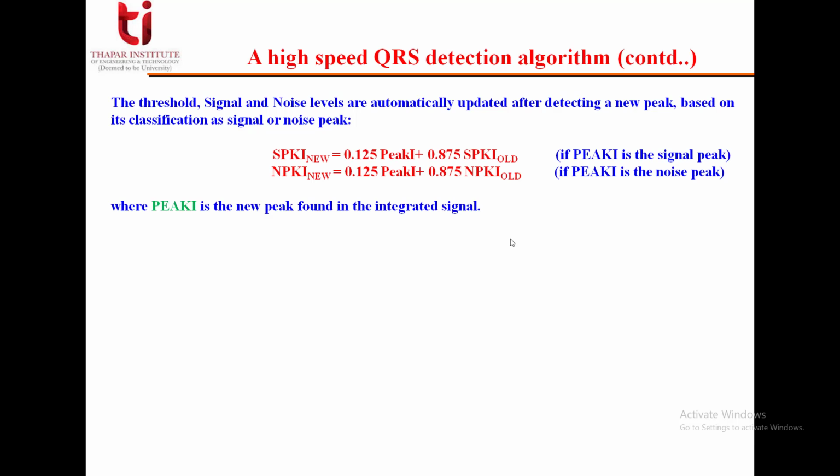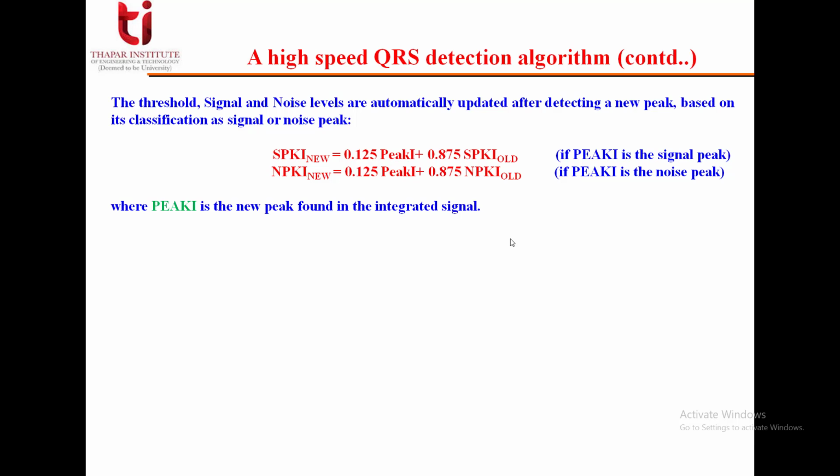So you can see in these two equations how we update the peak levels from the old ones. SPK1 new is given by 0.125 times peak 1, if it is a signal peak, plus 0.875 times the SPK1 old value. Similarly, if it is a noise peak, then peak 1 will be the noise peak, so it is 0.125 times peak 1 plus 0.875 times NPK1, which was the old value.